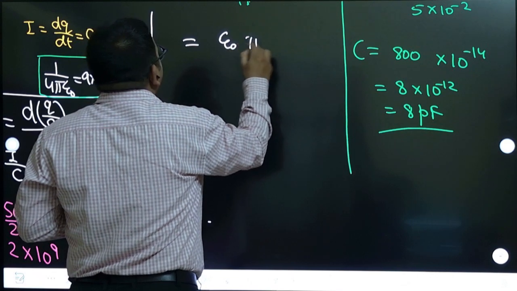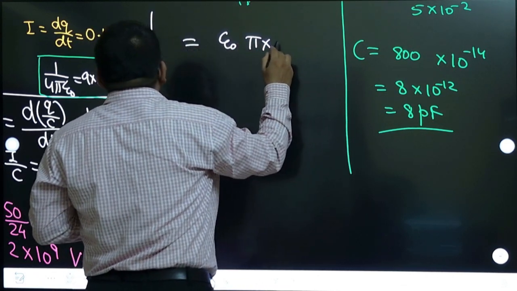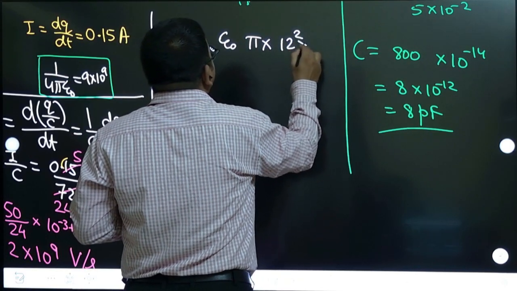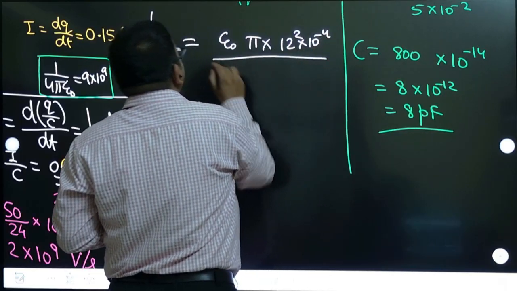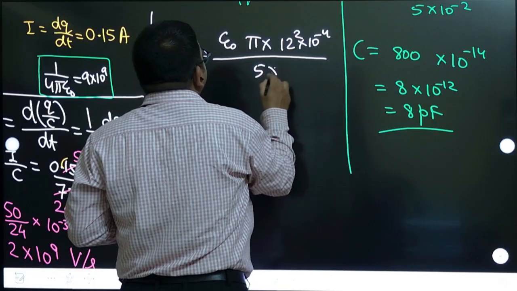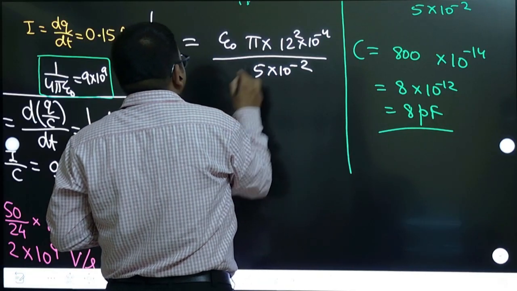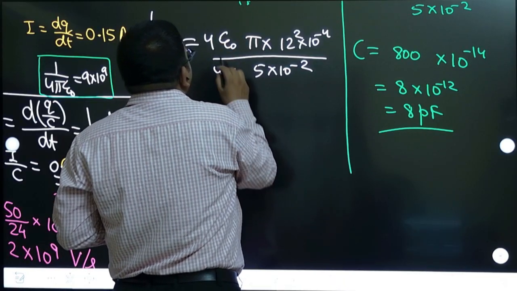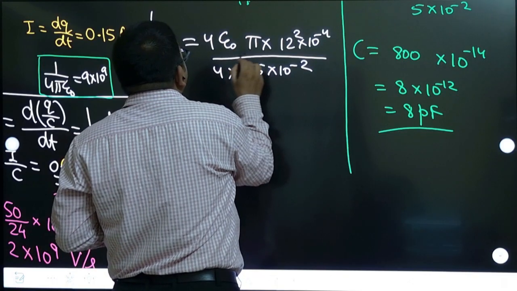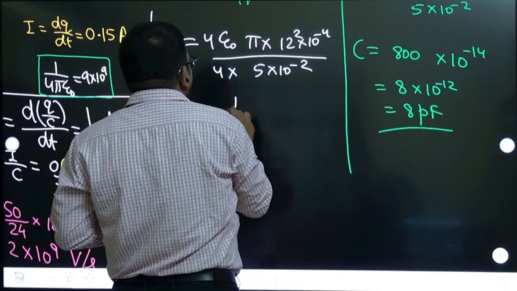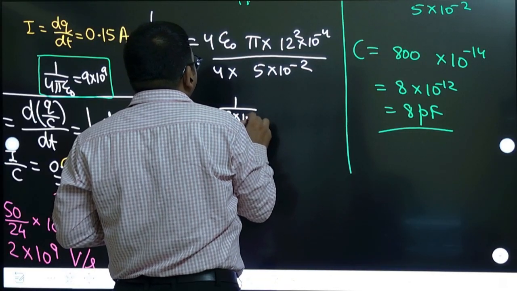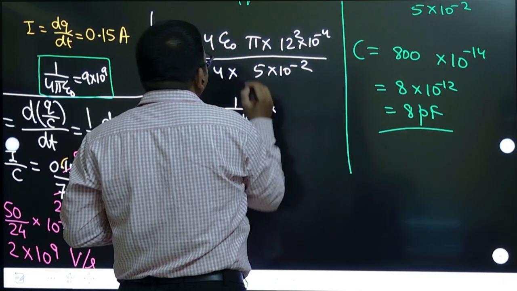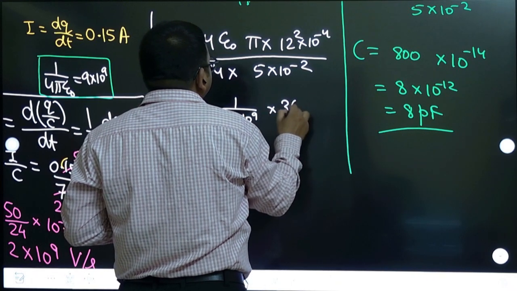Epsilon naught pi into r square. R is how much? 12. 12 square into 10 to the power minus 4, by distance 5 into 10 to the power minus 2. I wanted to use that. So 4 I multiply, right? Then this factor 4 pi epsilon naught is 1 by 9 into 10 to the power 9. Into 12 is equal to 12 by 2, that I have written as 6, equal to 36.